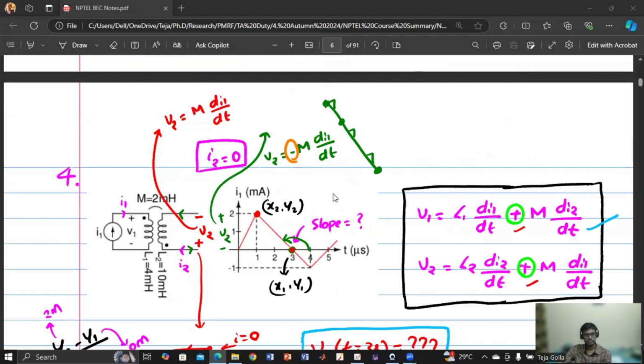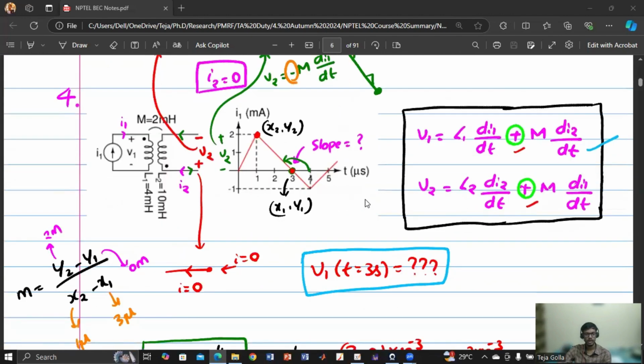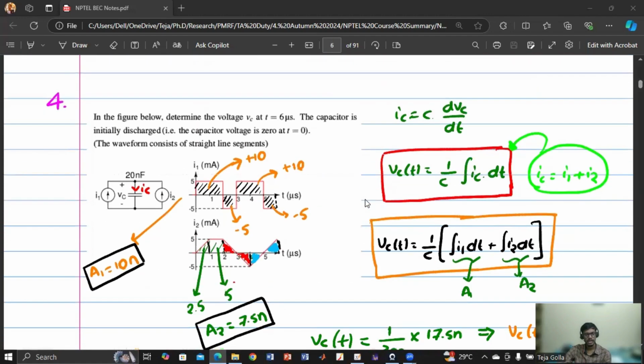We have also seen that if they give current or voltage waveforms, how to calculate the corresponding voltage and current. Yesterday also we discussed the same. Whenever they give any such waveform, first you have to write the expression. For a given circuit, what is VC? We know that I equals C dV/dt. The current entering the capacitor will be I1 plus I2.